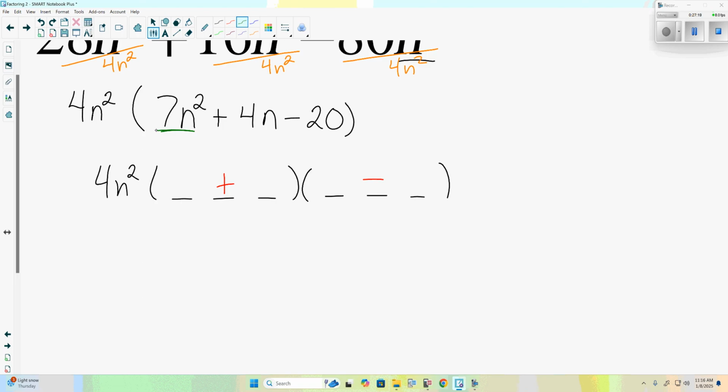Now our factors of our first and third term, so 7n squared, factors of n squared are going to be n and n. 7 will go there. Factors of 20: 1 and 20, 2 and 10, 4 and 5. Which one of these do we want to try first?